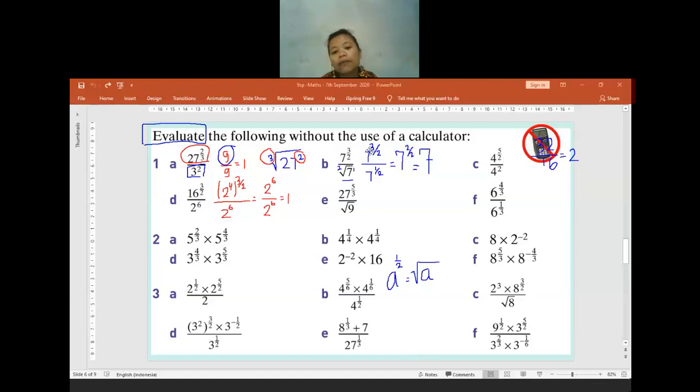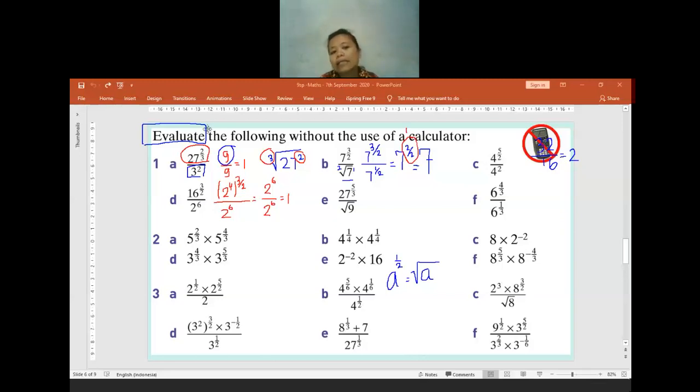Now we have indices with the same base, and then we have division. Remember, division using indices, we can directly subtract the index. So in here I subtract 3 per 2 with 1 per 2. 3 per 2 minus 1 per 2, the answer is 2 per 2. 2 per 2 we can simplify as 1. 7 to the power of 1, the answer will be 7 still.